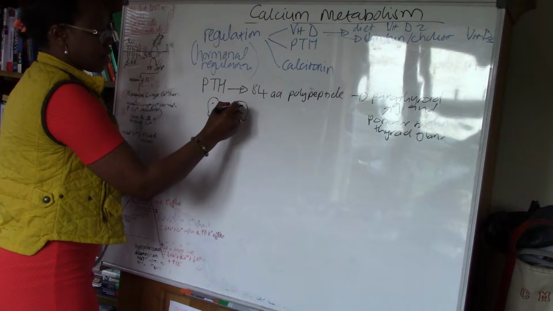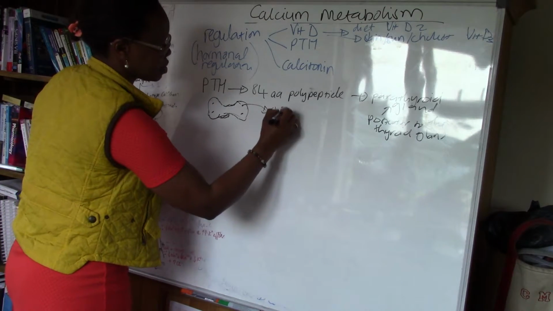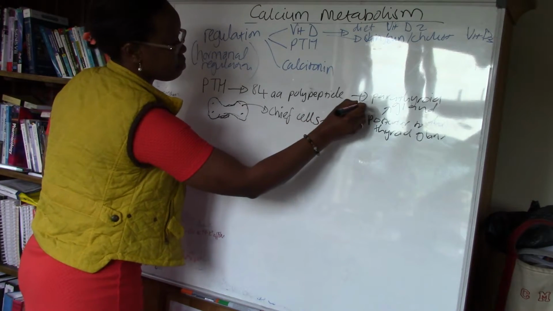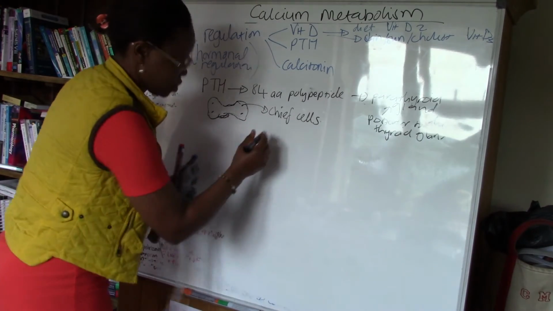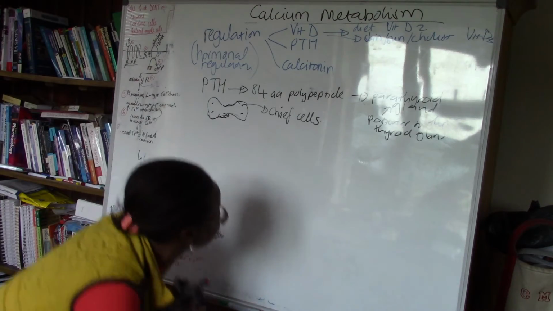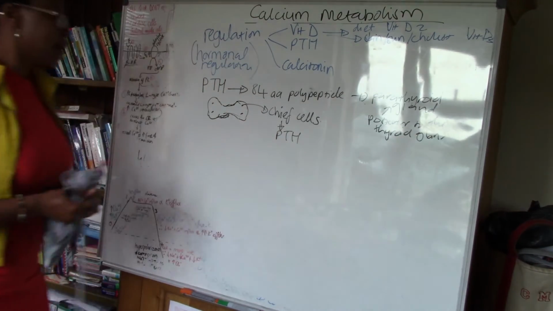So these parathyroid glands have chief cells which produce parathyroid hormone.